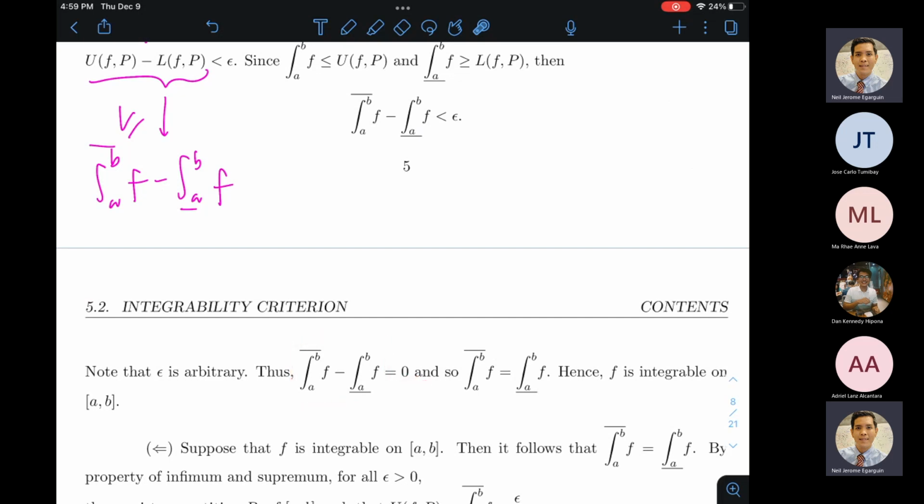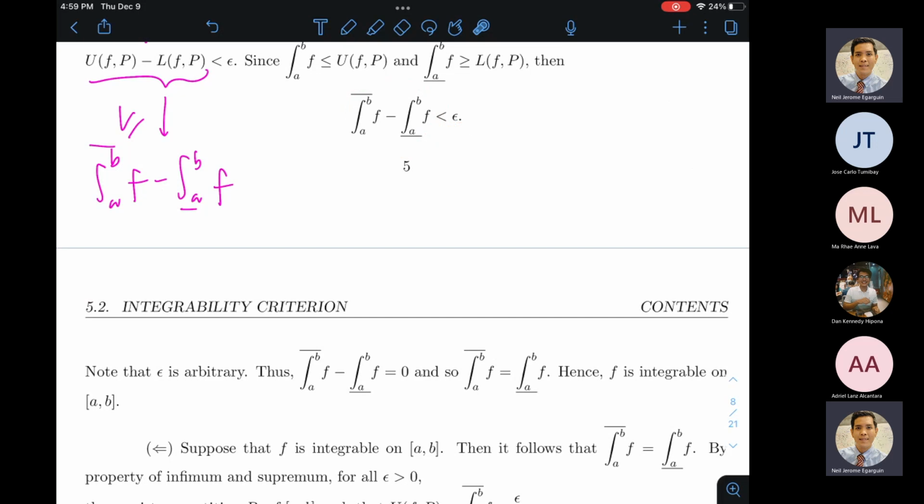Alright? Ito yung isang lemma mula sa lecture notes 2 yata, na kapag meron kang non-negative number na less than epsilon for all epsilon greater than 0, then that non-negative number must be equal to 0. Now, this is non-negative because the upper Riemann integral is greater than or equal to the lower Riemann integral by Lemma 5.4. So this is a non-negative number.